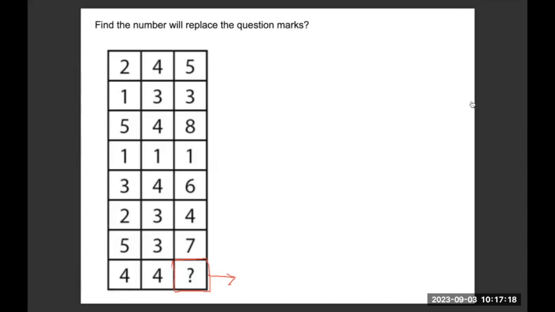Vansh, wrong answer. Sanchi, correct answer. Palak, correct answer. I don't know this one. It's a wrong answer. Trisha, wrong answer. Darsh, wrong answer. Vishwa, correct answer. All right. In this case, Diya, wrong answer.